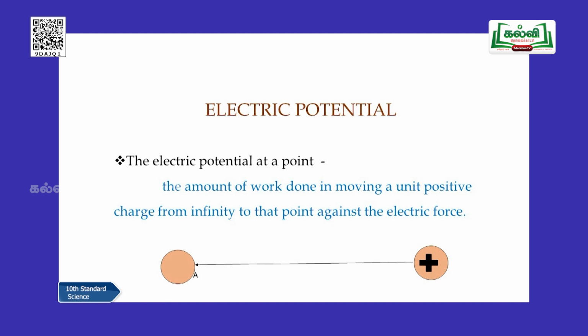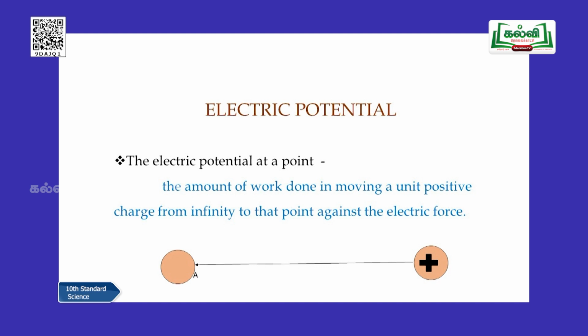Imagine a unit positive charge at infinity. You have to bring the unit positive charge from infinity to a particular point. Now look at the diagram. You bring the unit positive charge from infinity to point A. When you bring the charge to A, you have to do work, and that work is done against the electric force.